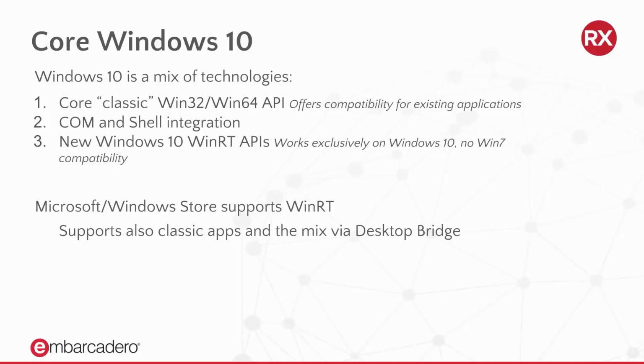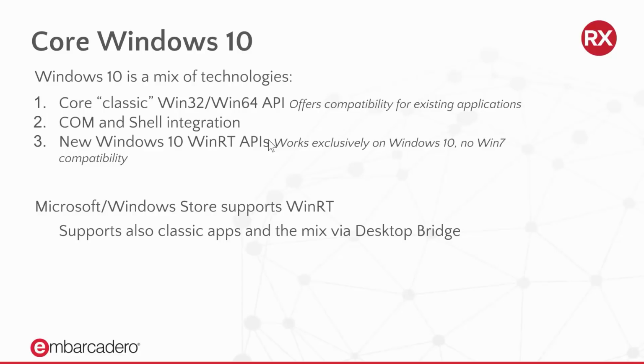On the other hand, the classic Win32, Win64 API provides a lot of features and, again, are being extended. But when you're using RAD Studio, you can merge both. So you can use the core API, but also hook to specific WinRT APIs when needed. Those specific product areas will work only on Windows 10.